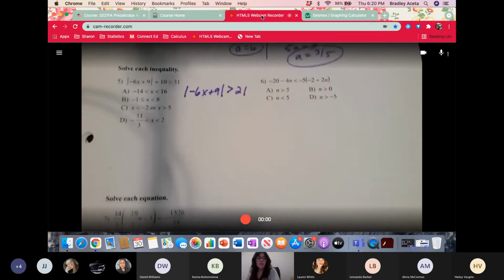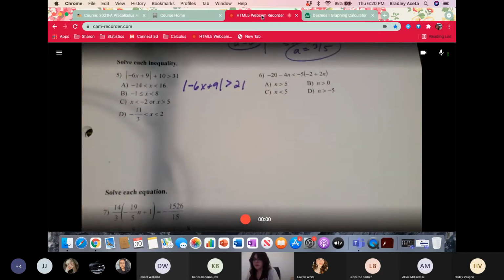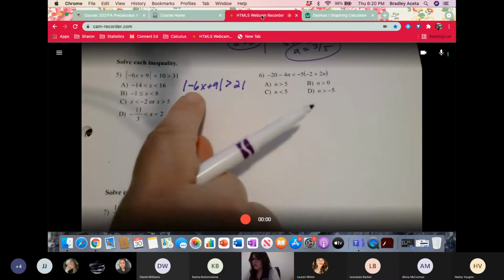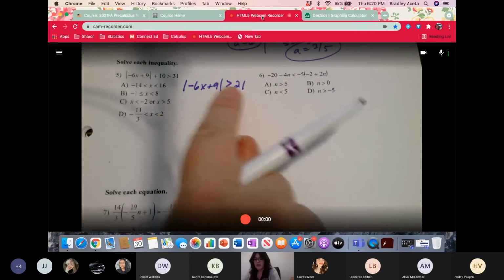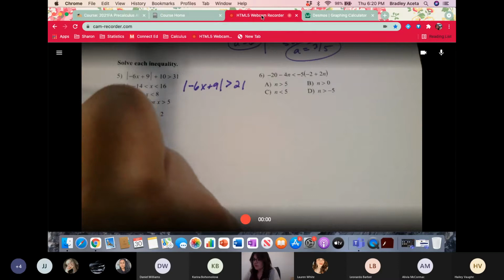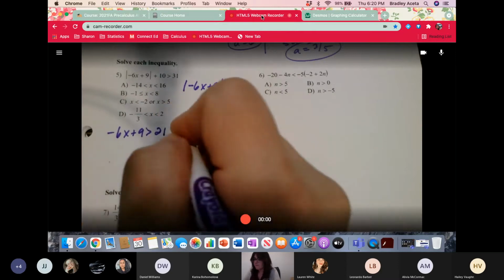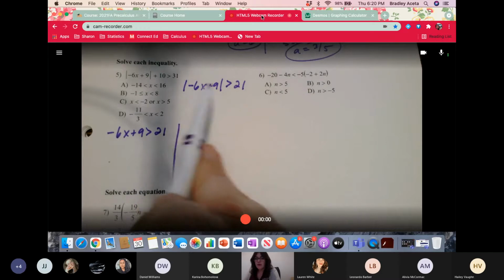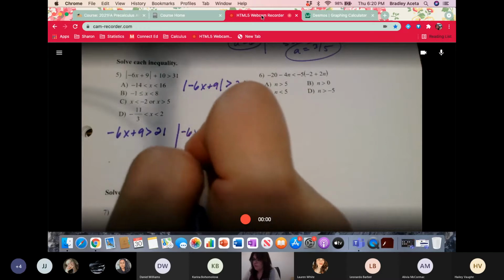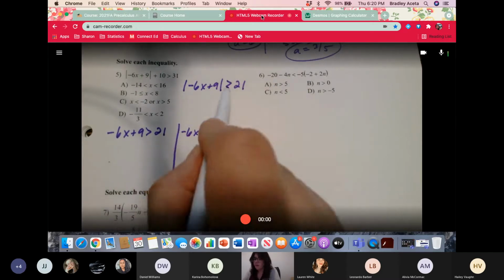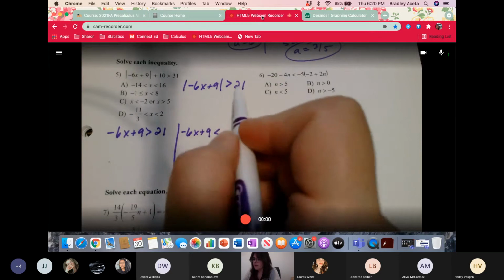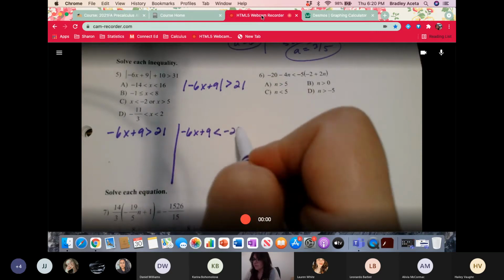Now, if you remember when we solved inequalities, the first rule to solving inequalities is write it just like it is without the bars. So 6x plus 9 is greater than 21. Then write it again, flip the inequality, and change the sign.